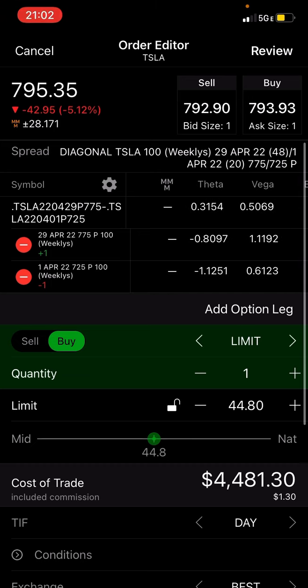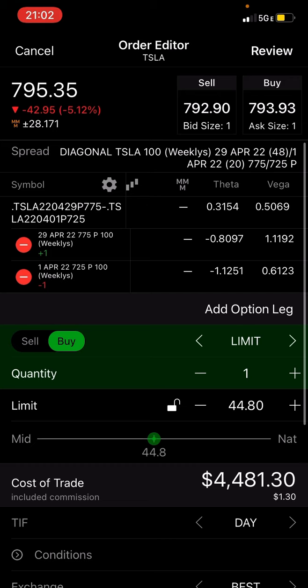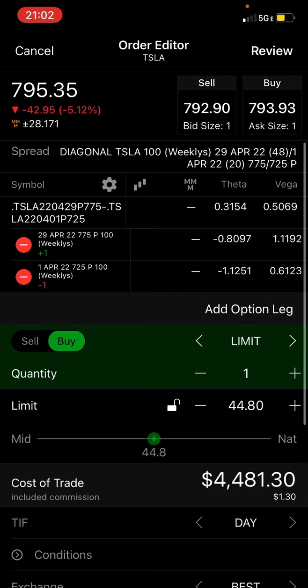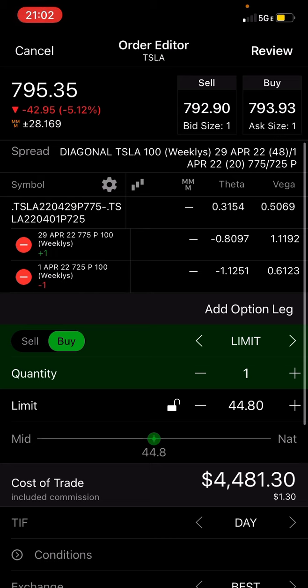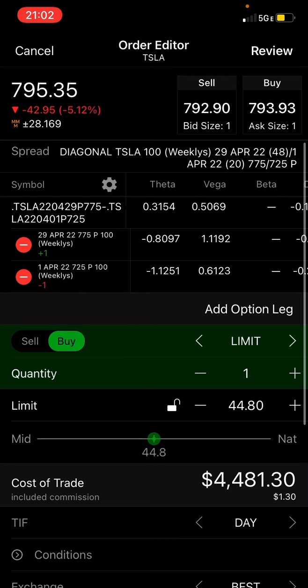So if IV increases, you should make $50 per 1% net increase in IV. Again, it's not going to change the same on both the April 1st and the April 29th options, so it's tough to calculate. But if they both increase by 1% each, you'll make $50, right? And the next day, you'll make $31 off of theta, okay?